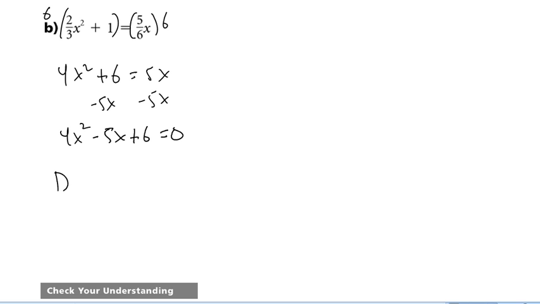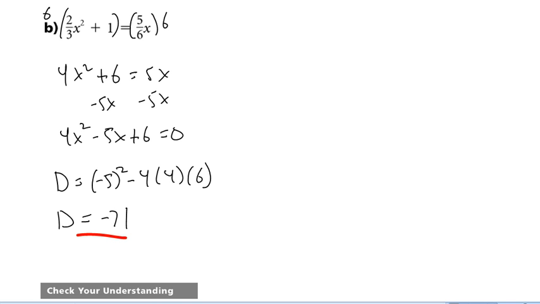Okay, and now I need big D. Big D equals negative 71. And notice that in the formula, the first thing we're going to have to do with big D is square root it. So because it's negative, we have no solution.